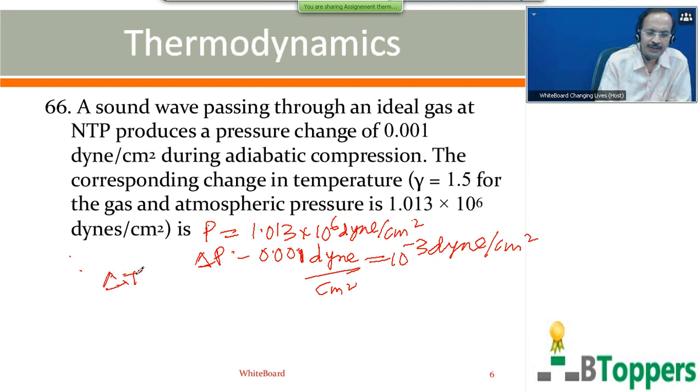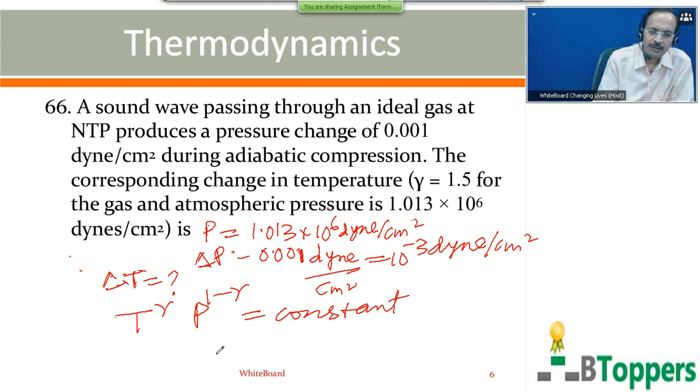For that you have to use the relation between temperature and pressure of the gas. As I discussed about the relation between temperature and pressure of the gas in the adiabatic process, T power gamma into P power 1 minus gamma is equal to constant.